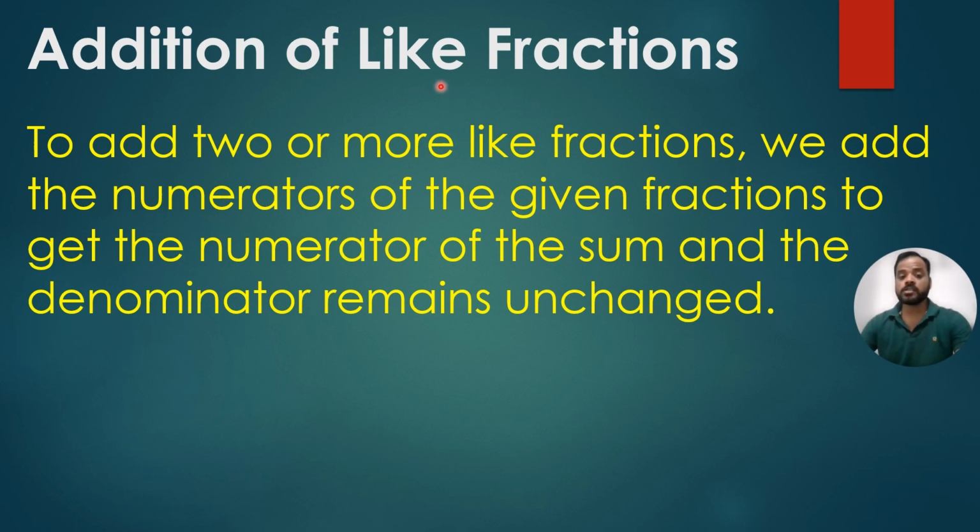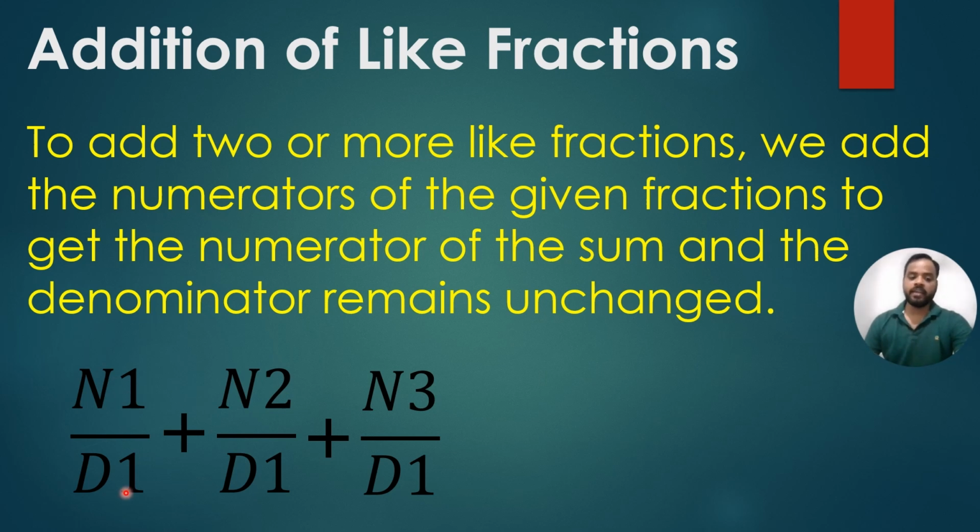Why? Because the denominator of all like fractions is the same. So to find the sum of like fractions, we only need to add the numerators. The denominator remains unchanged. So let us see one example.